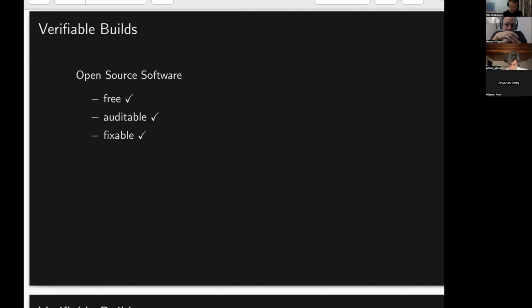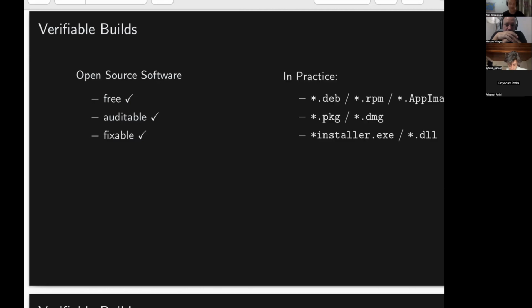All of that is fantastic, but in practice, most of the software that we run and install comes packaged. And we hope that there is a link between the packages that we install and actually run and the software code bases that we can inspect on the internet.